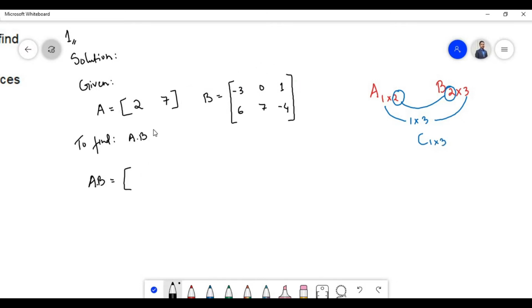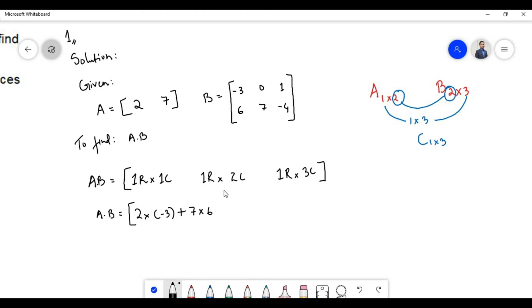Now in order to multiply matrix A with matrix B, we need to multiply the first row with the first column, next the first row with the second column, and finally the first row with the third column. Let us start with multiplication of the first row with the first column. 2 times minus 3 plus 7 times 6.